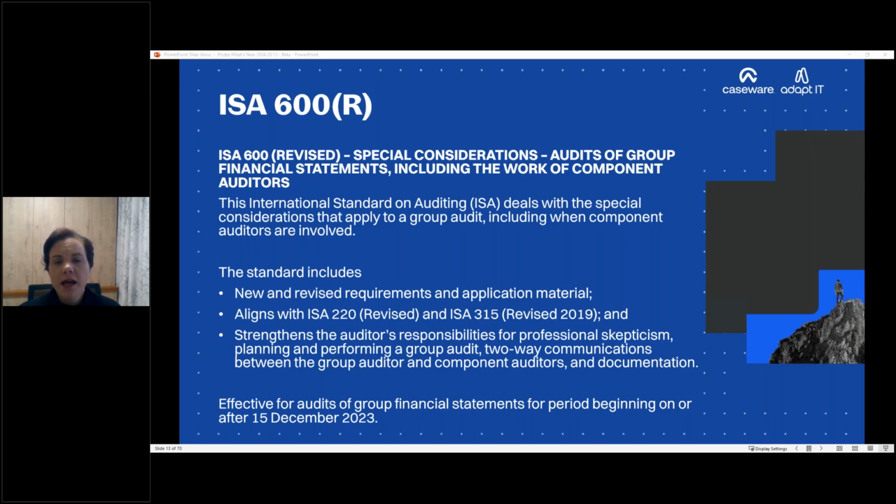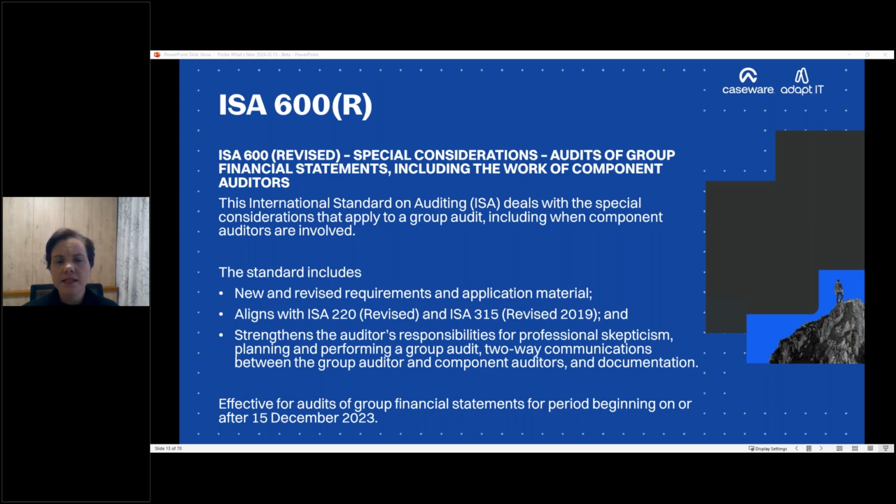One of the main things about this release is the fact that we have content for ISA 600 revised, which, as you all know, is the auditing standard specifically for group financial statements, including the work of component auditors.